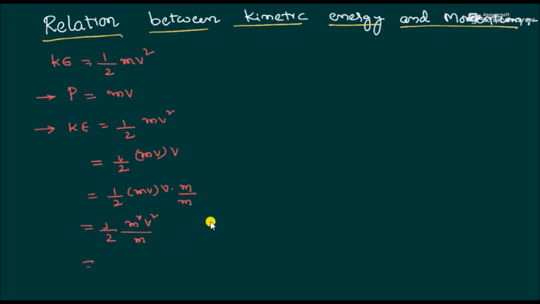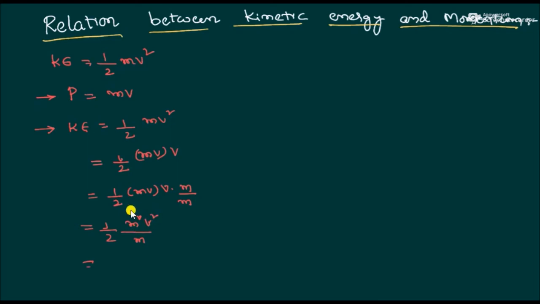What we have done is we had initially separated this v, and then we multiplied and divided it with m. So it resulted in the form m square v square, and in the denominator m. In place of m square v square, we can write mv whole to the power 2.